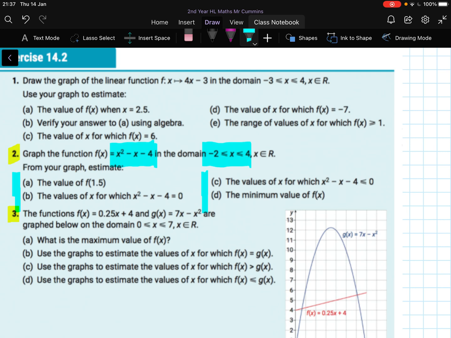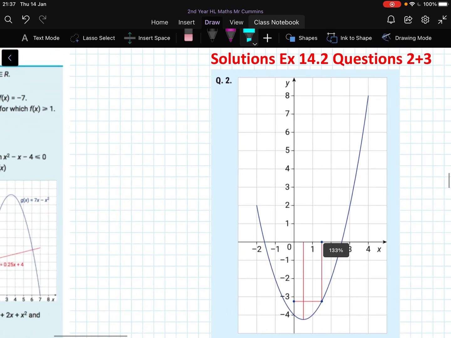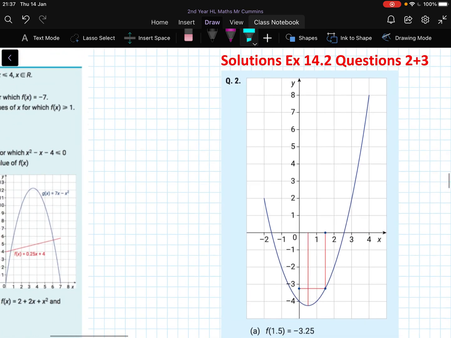So we go straight over to the solution, and we work out how they figure out the value of f of 1.5. Here's our solutions over here on the right hand side. So here's what the graph that you drew should look like. But they're asking us to find, well, where is f of 1.5?